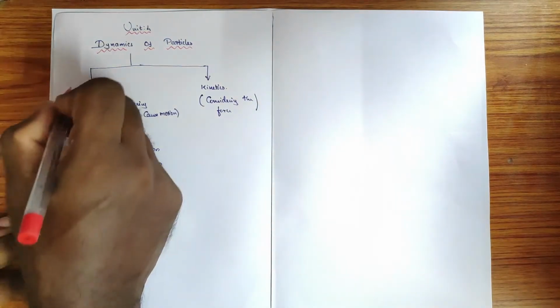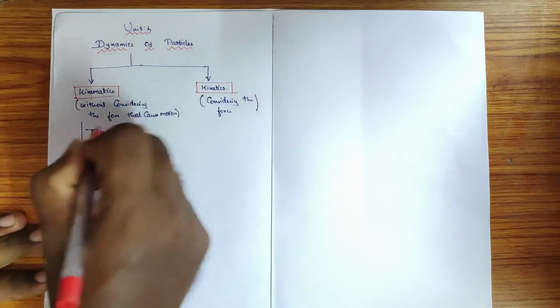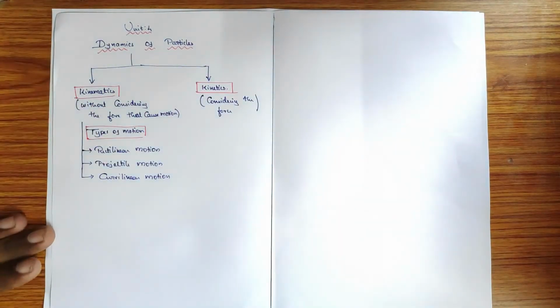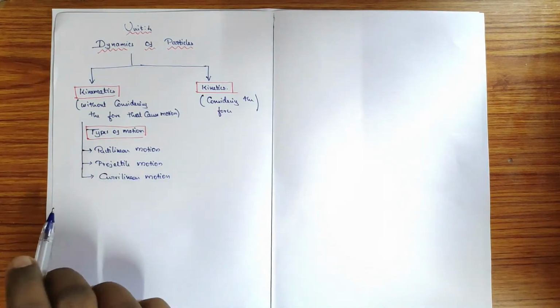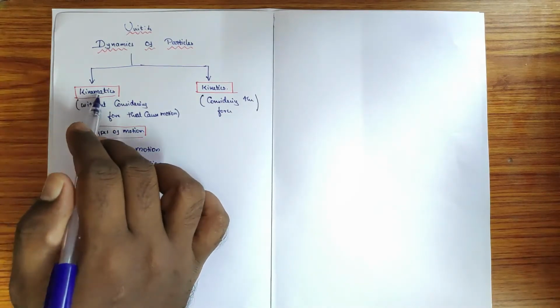So this kinematics of particles is divided into rectilinear motion, projectile motion, and curvilinear motion. This is what we are going to learn in kinematics.